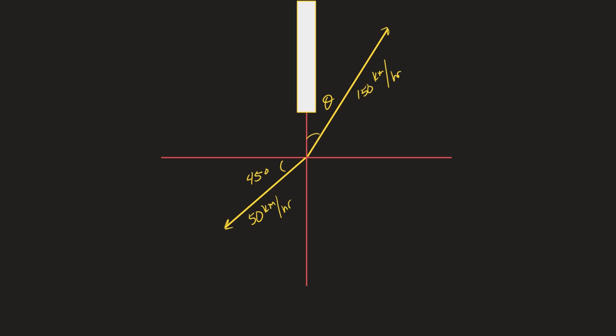But now I'm going to proceed with the procedure I gave you, knowing I don't have the angle. I know the plane is 150 kilometers an hour at an angle of theta, and that's just east of north.